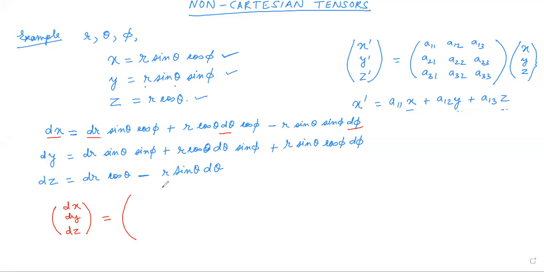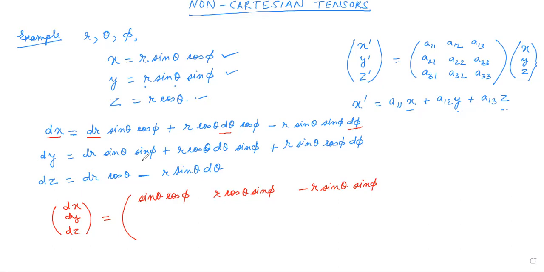The first term is sine theta cos phi. The next term is r cos theta cos phi. The last term in the first row is minus r sine theta sine phi.